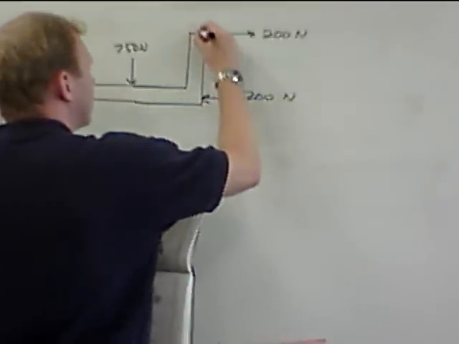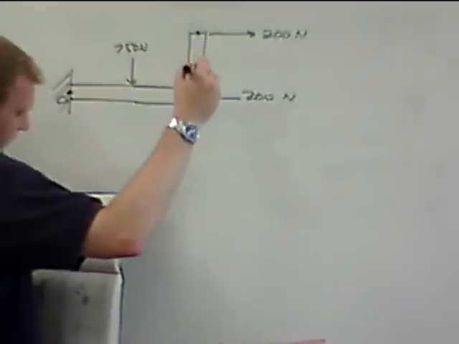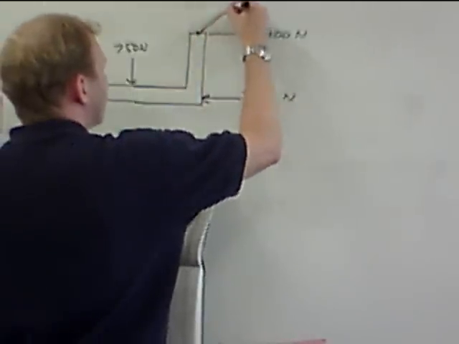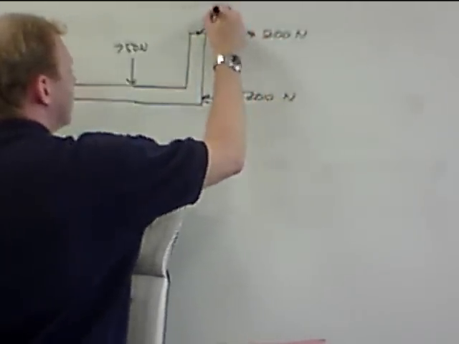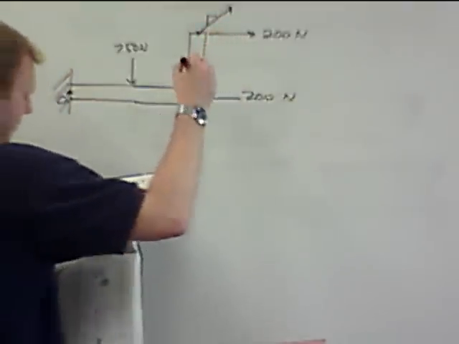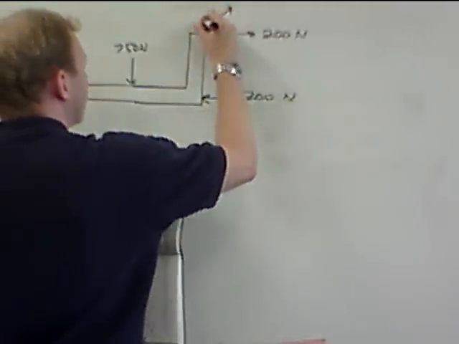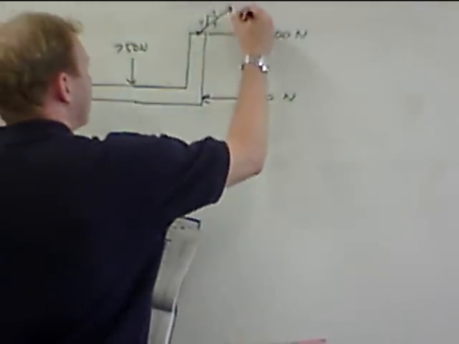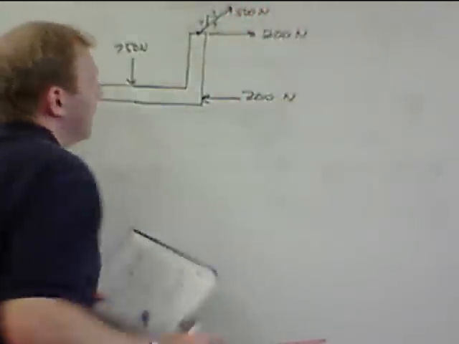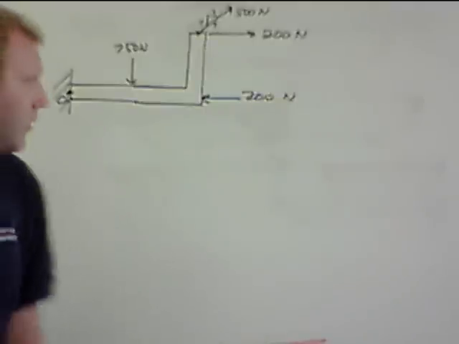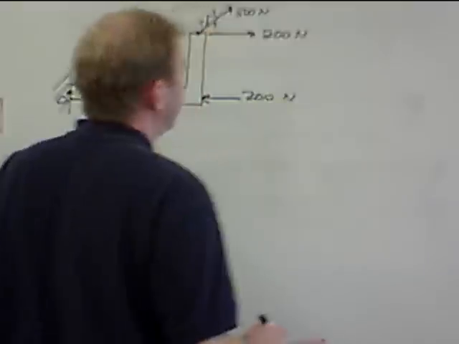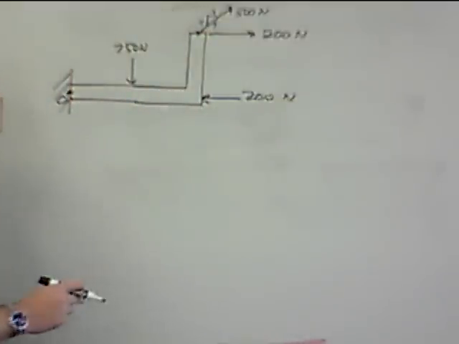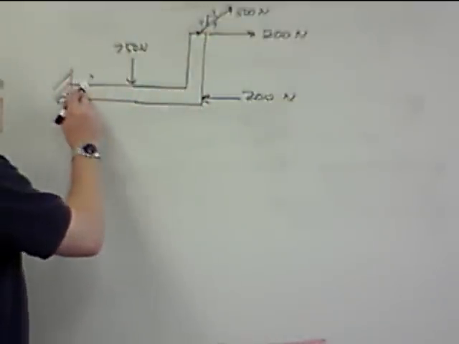And then connected at the midpoint here, we have a force that extends off like this. This is going to be a 3, 4, 5 right triangle. This has a magnitude of 500 newtons. So the task here is to reduce this to a single force and single moment applied at point O.